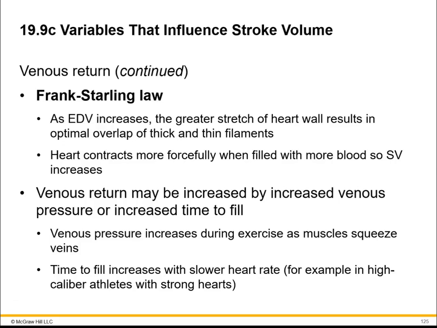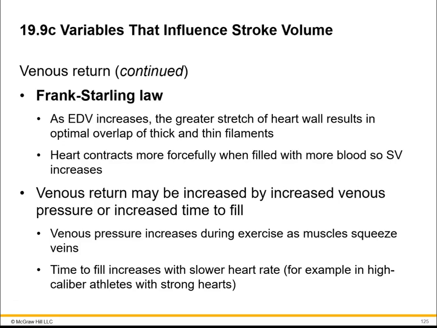So when you increase venous return, when you increase preload, you stretch the heart wall a little bit. And this is going to allow those thick and thin filaments to optimally overlap, which is going to cause the heart to contract more forcefully when it's filled with more blood. And so this increases stroke volume in response to receiving more blood.